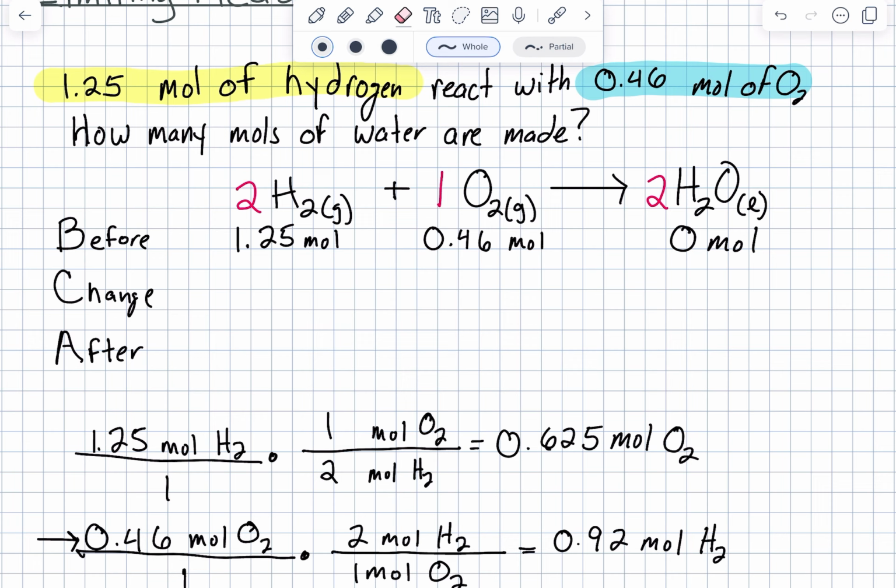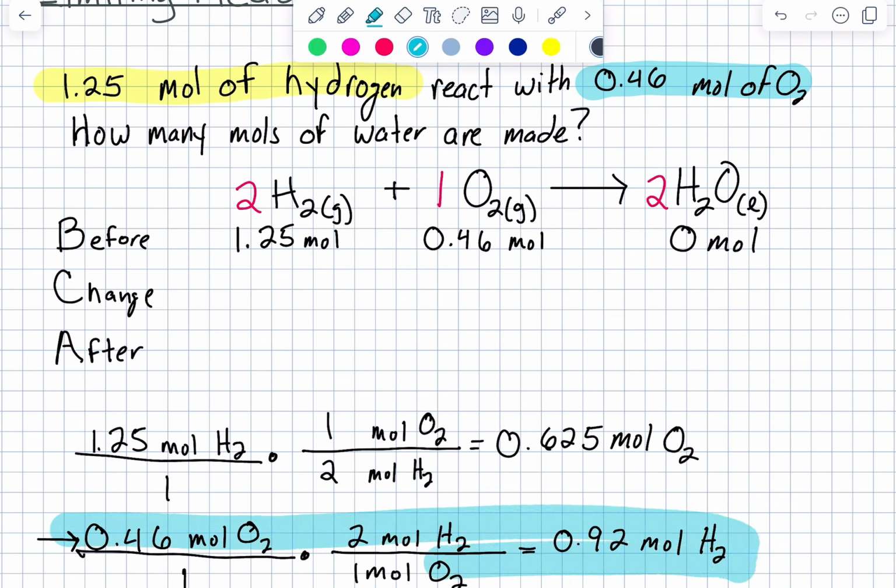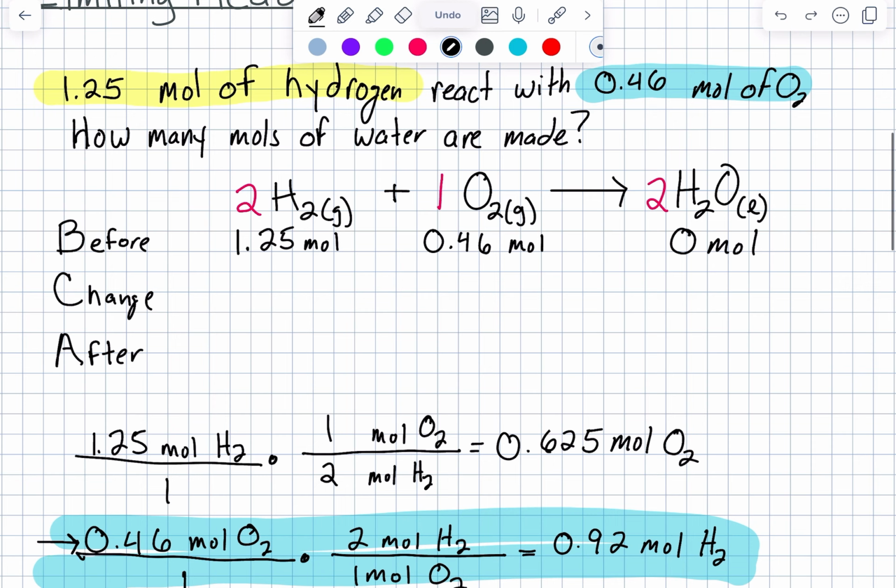The change is how much you're using. And so, remember we said we're going to use this formula because my oxygen was my limiting reactant. And so that tells me that since I'm using it up, it's going to subtract. I'm going to use 0.46 moles of oxygen. I'm going to use 0.92 moles of hydrogen.